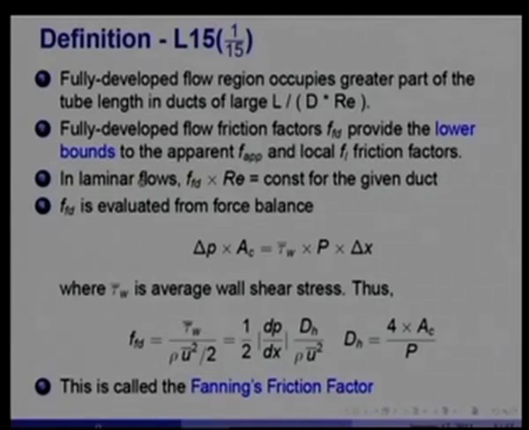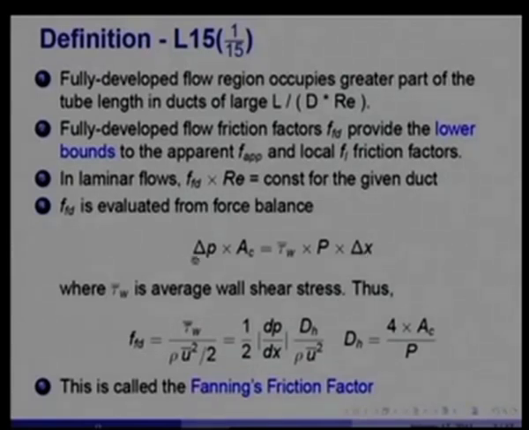In laminar flows, as a rule, fully developed flow friction factor multiplied by Reynolds number is an absolute constant, and that constant depends on the duct geometry for the given duct. How is fully developed flow evaluated? It is simply from force balance over an axial distance delta x of the tube.